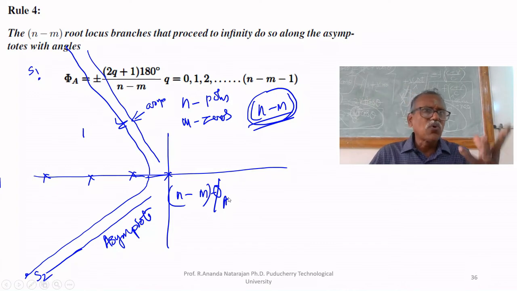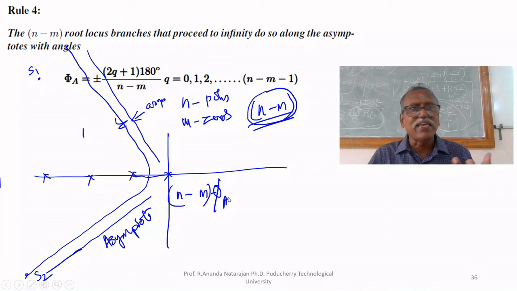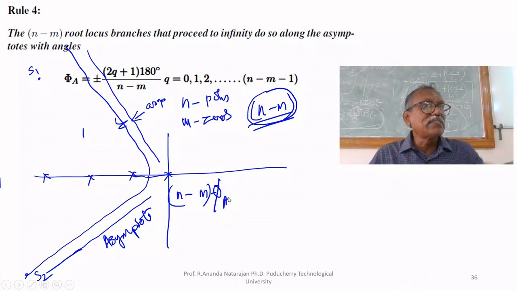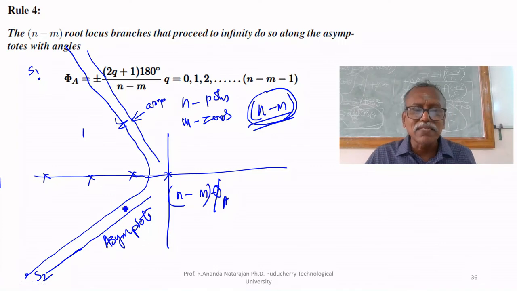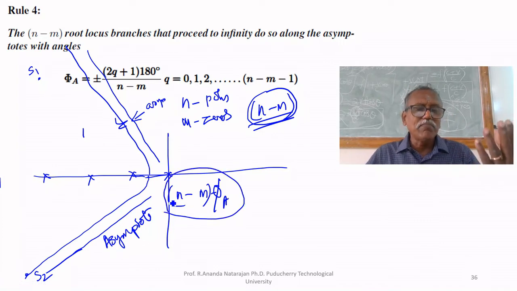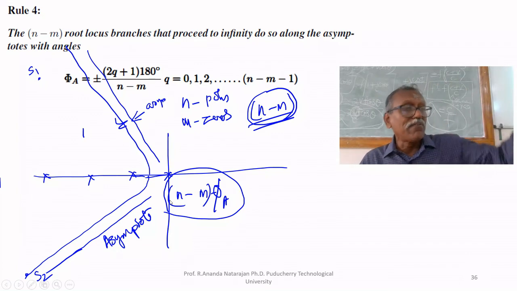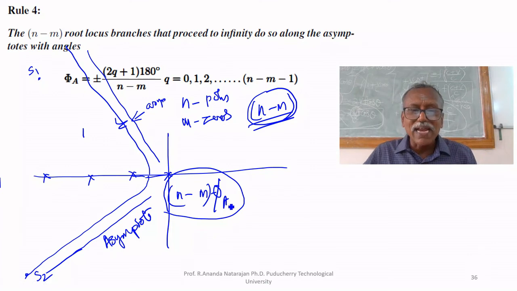What is the total angle made by all these points? N minus m multiplied by phi a. Am I correct or not? Each gives an angle of phi a. How many points at infinity? N minus m points at infinity, so n minus m branches end at infinity. If we draw a line from that infinity to that pole, that angle is phi a.